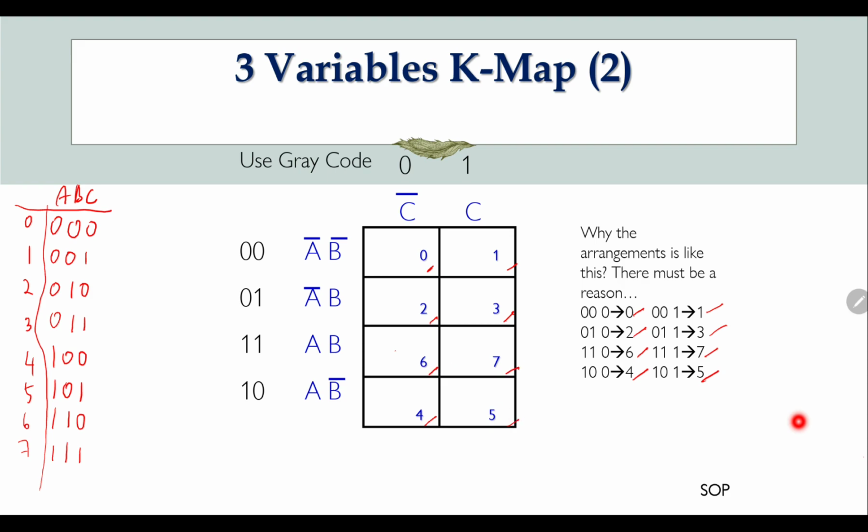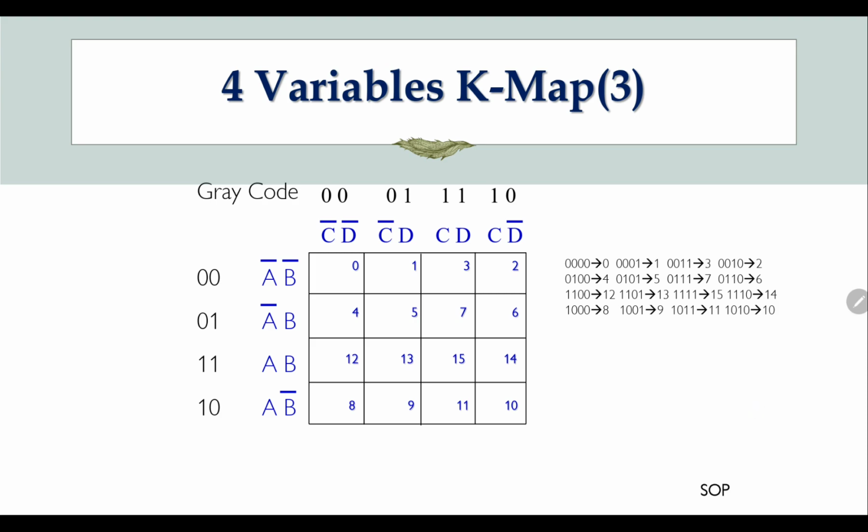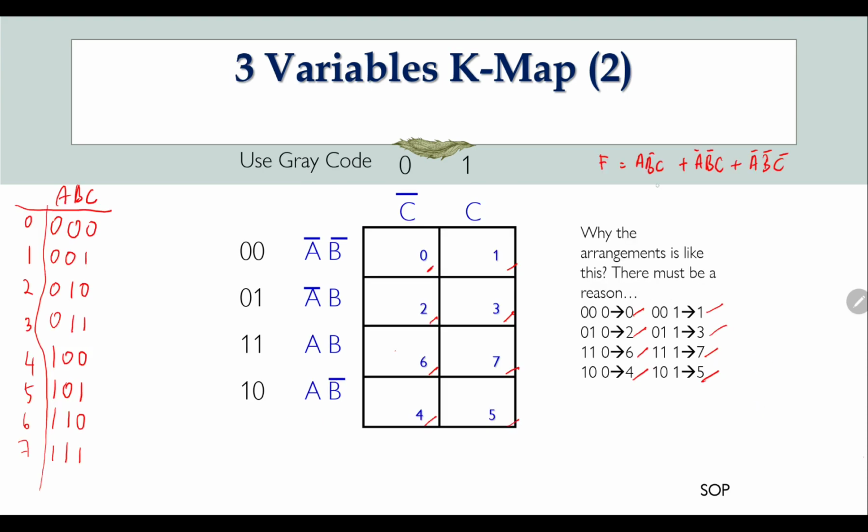So you have to remember the arrangement in the K-Map, so it will be easier for you to map them. Some of the questions will give you, for example, F equals AB bar C plus A bar B bar C plus A bar B bar C bar. So you will need to locate all these locations in the K-Map.